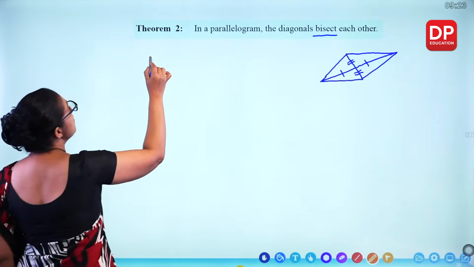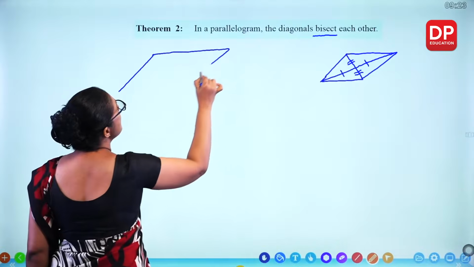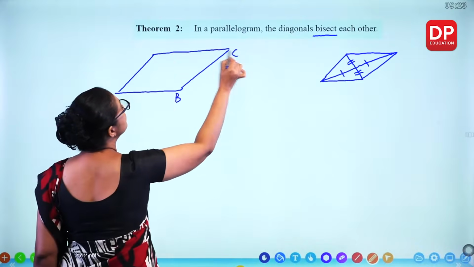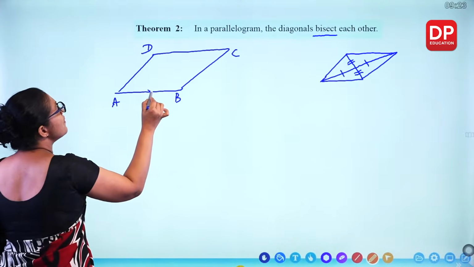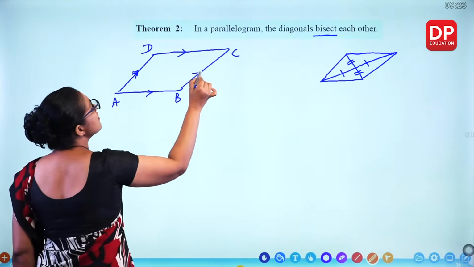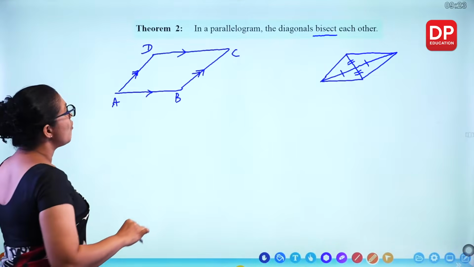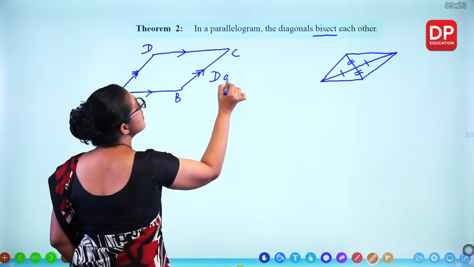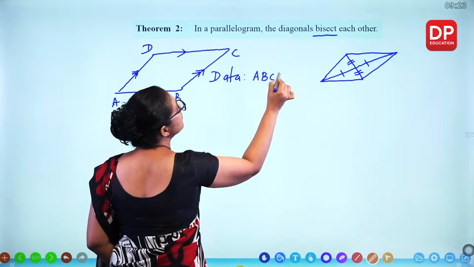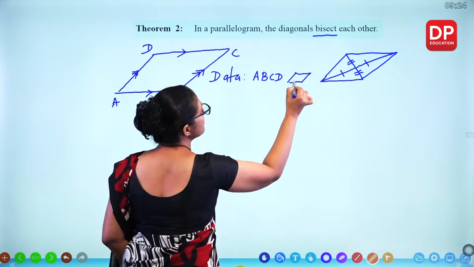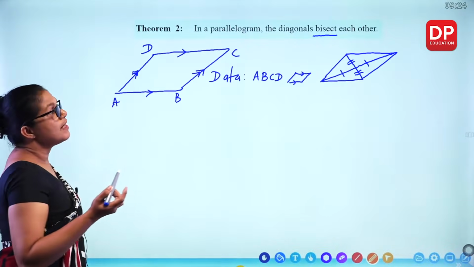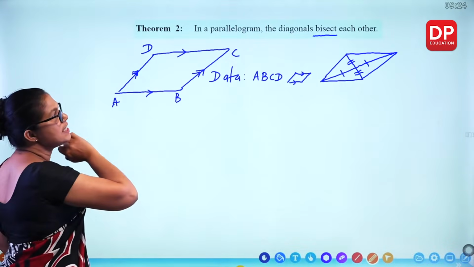We'll take a general parallelogram ABCD. These two opposite lengths are parallel. This is also parallel. So what do you know about this? We know ABCD is a parallelogram. And we need to do a construction because we need diagonals.